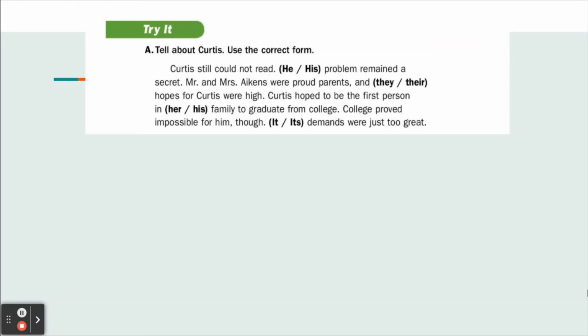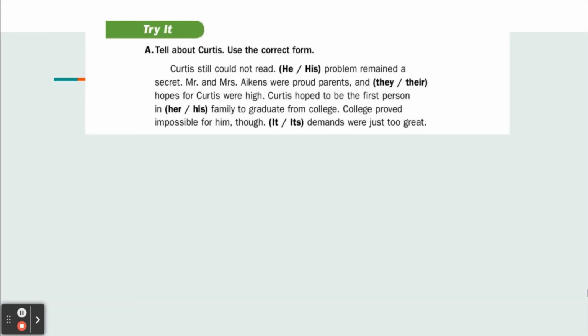Okay, so let's go ahead and look at the first two sentences. Curtis still could not read, blank problem remained a secret. Okay, so in the first sentence, who is that sentence talking about? Yes, a guy called Curtis, right? So then who has the problem?